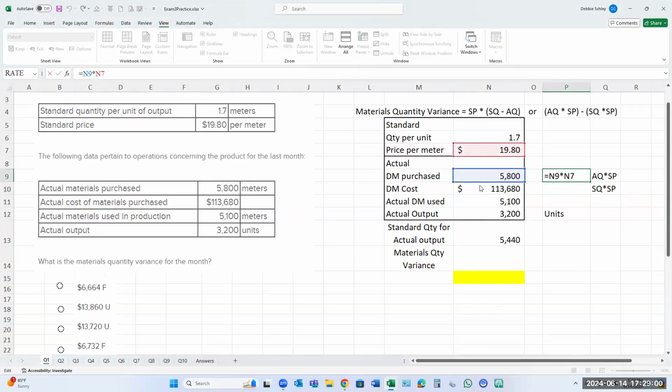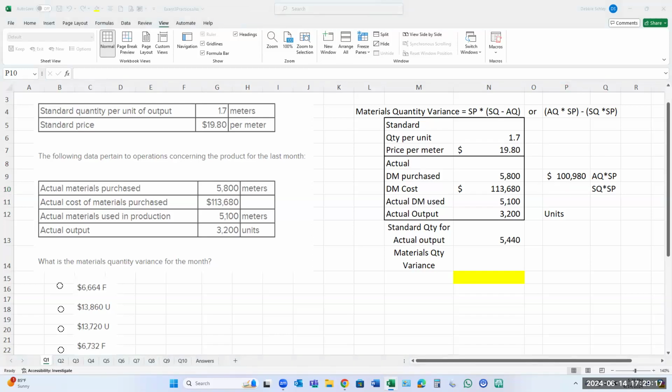That was the purchase. So this is the quantity used. And then the standard quantity.